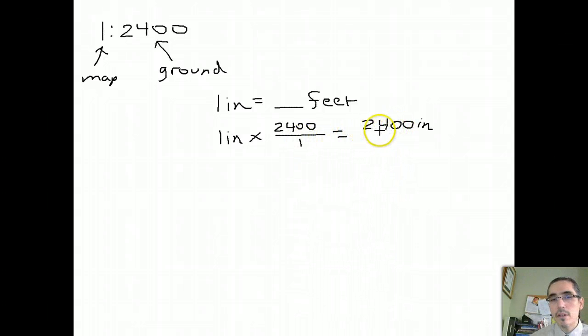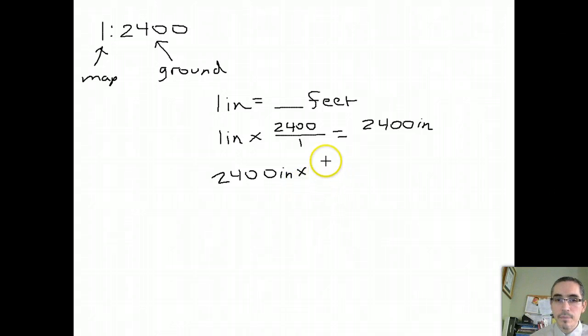Well, it's just a matter of converting the inches into feet. So you take your 2,400 inches, and you're going to multiply it by the conversion factor of inches to feet. So we know that in 1 foot there are 12 inches. Okay.